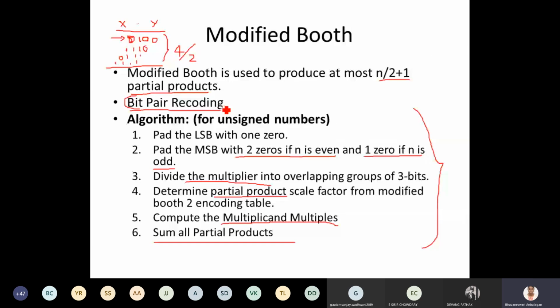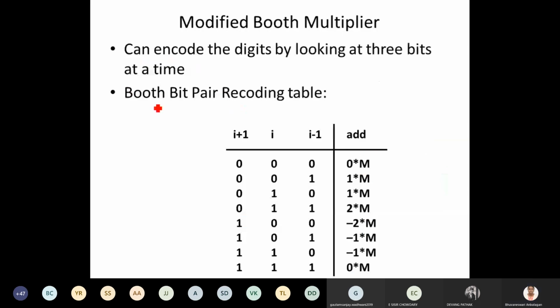What is this bit pair recoding? Bit pair recoding is nothing but I am going to recode my multiplier in such a way that I take 3 bits: the multiplier's i plus 1th bit, ith bit, and i minus 1th bit.